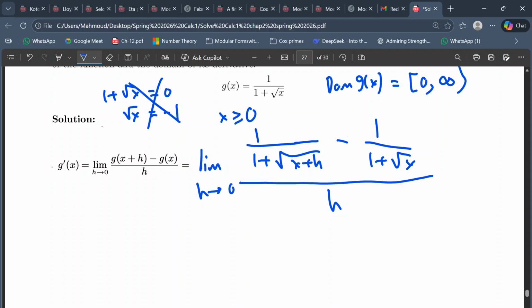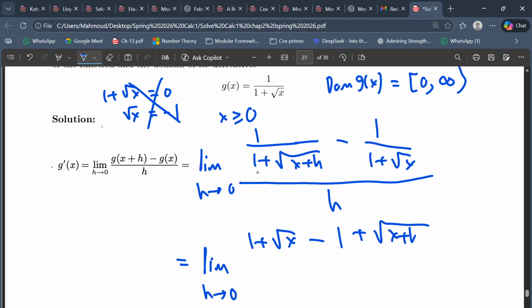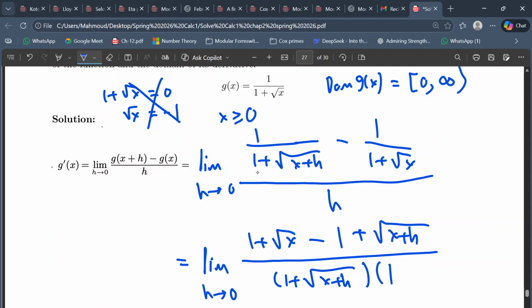You want to combine them? Yes. So, limit as h goes to 0 minus times h down, right?